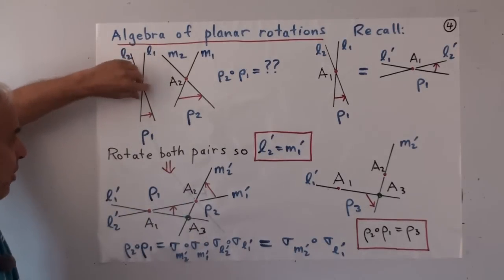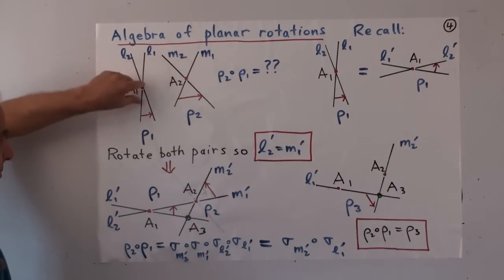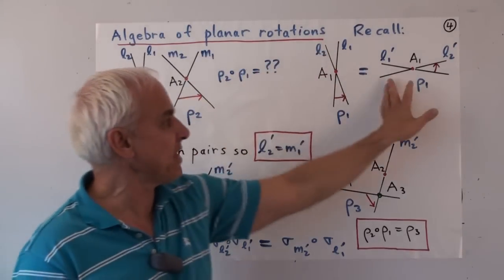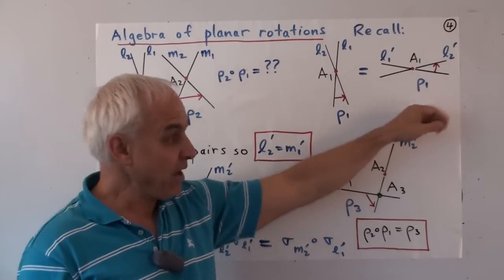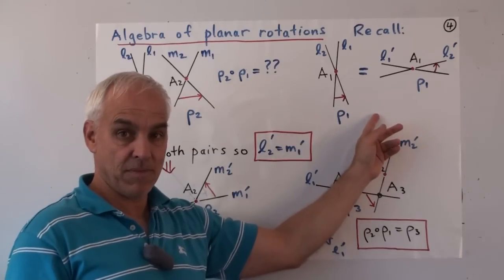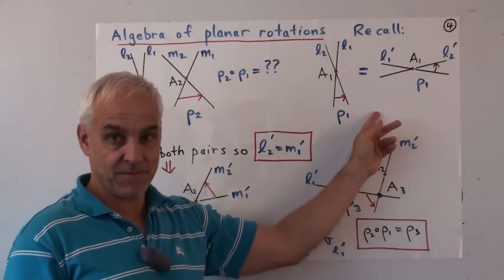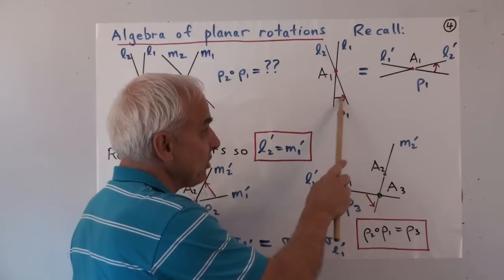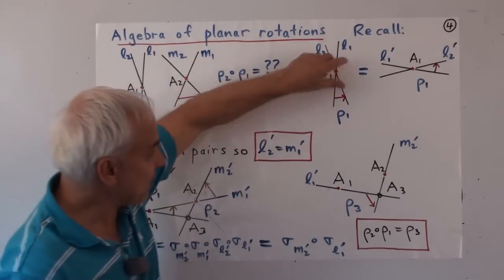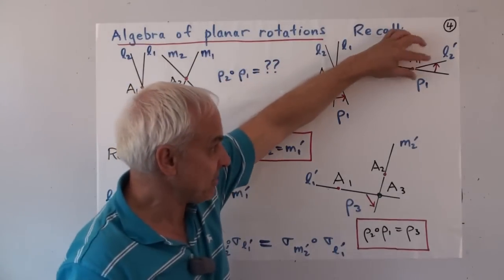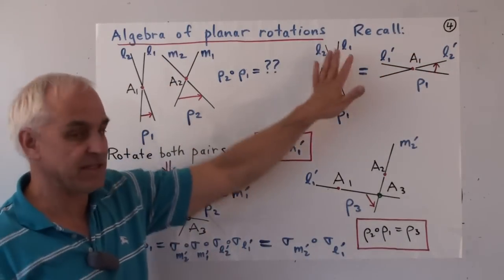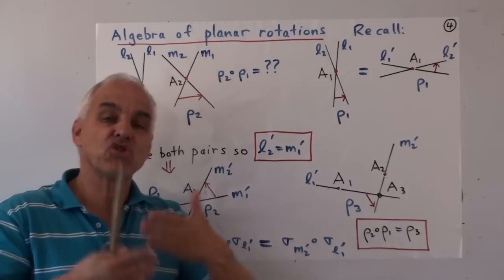If we rotate both lines about A1, say we take the initial pair here and we rotate both of them to get two lines like this, then the rotation represented by this pair of lines is the same as the rotation defined by this pair of lines, because the separation between these two lines here is the same as the separation between these two lines here. So the rotation of essentially twice that angle is going to be the same as this rotation of twice the angle there.